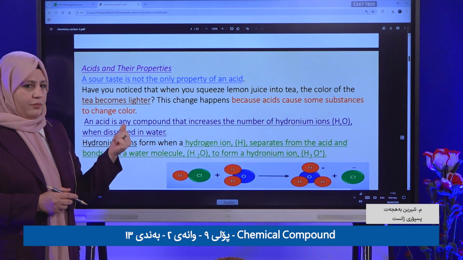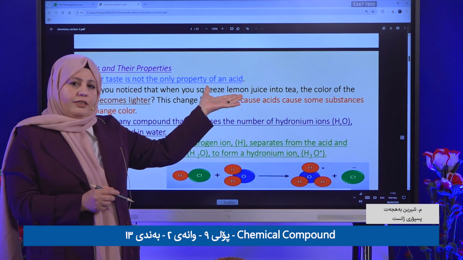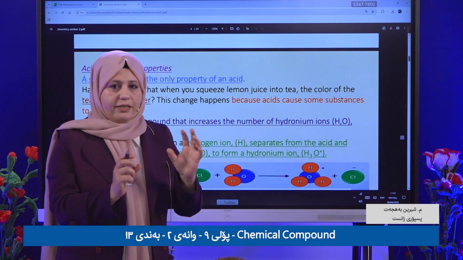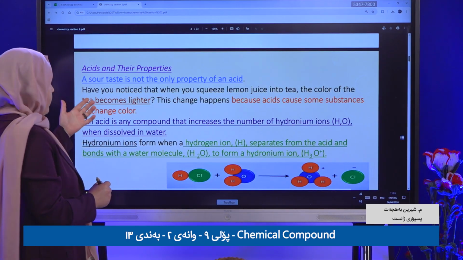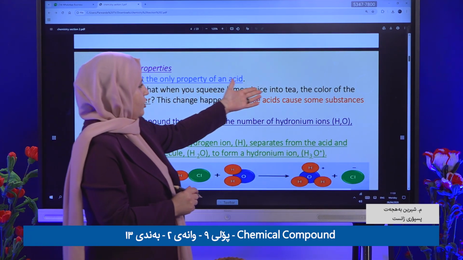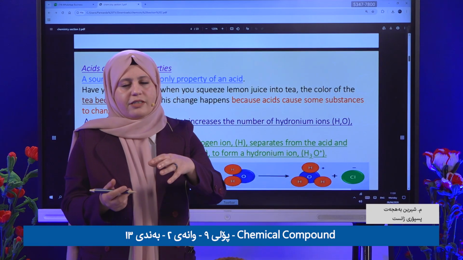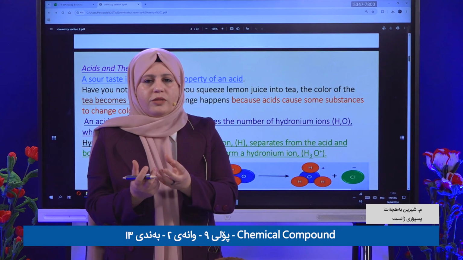As we mentioned previously, sour taste is not the only property of acid. There are some signs telling us it is an acid or a base. But now we're only talking about acid. For example, lemon juice. Do this experiment: when you put lemon juice into tea, what happens to the color of the tea?